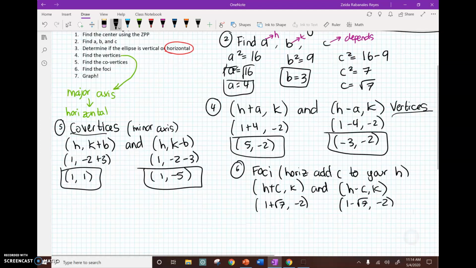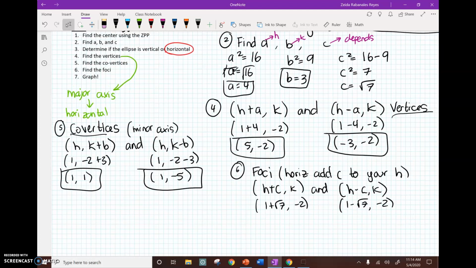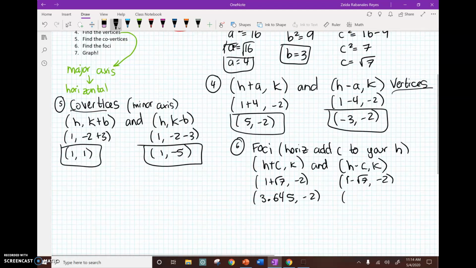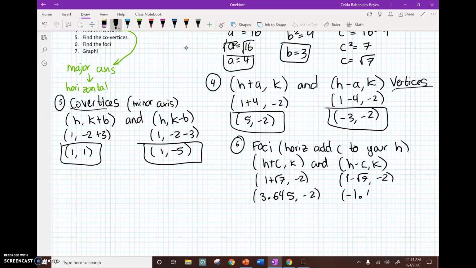Like I said, you can change it to a decimal, and then you get an approximation of 3.645, comma negative 2, and negative 1.645, comma negative 2. We're going to need those points.